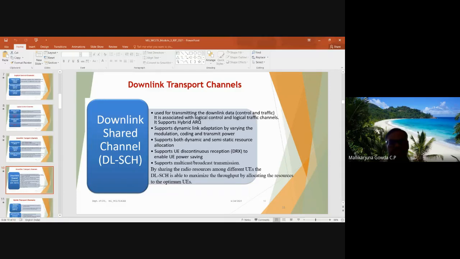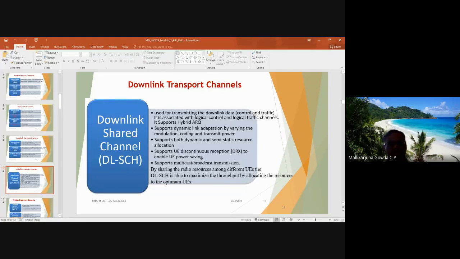It supports both dynamic and semi-static resource allocation. And it supports user equipment discontinuous reception to enable user equipment power saving. It also supports multicast broadcast transmission.